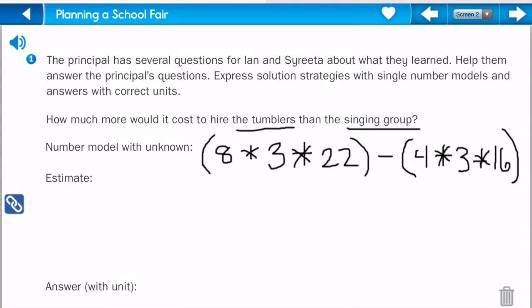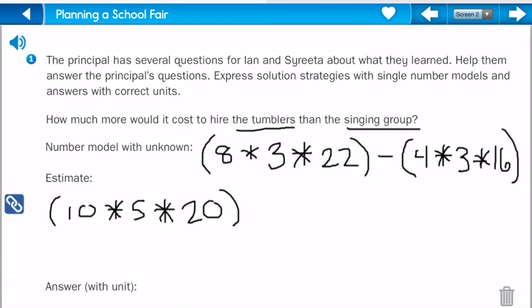So when I do this, I'm going to round each of these. For my first estimate, I'm going to round my 8 to 10, because that's what it's closest to. I'm going to round my 3 to a 5, okay? And then I'm going to round my 22 to 20, okay?